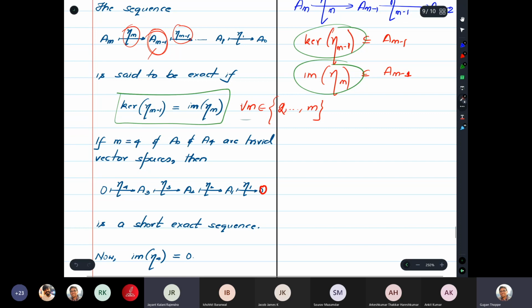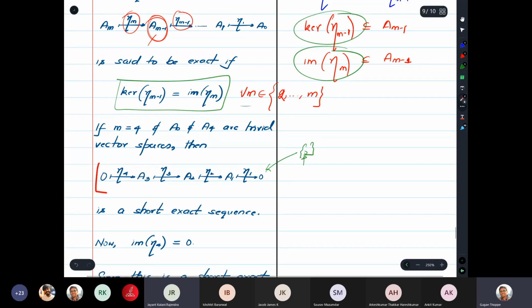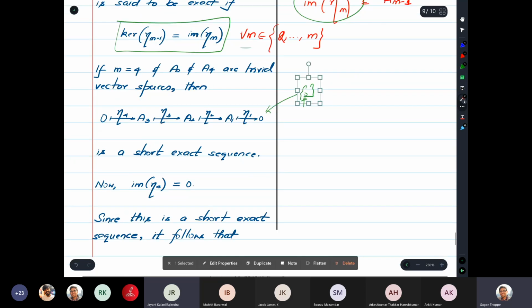Here 0 means that it's a trivial vector space. It actually means that this is a vector space having only one element, and that element we have to view as the additive identity. So whenever m is 4 and the end vector spaces are trivial, the Mayer-Vietoris sequence that we end up with, we will refer to as a short exact sequence.